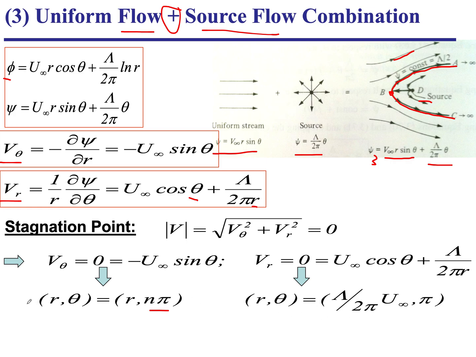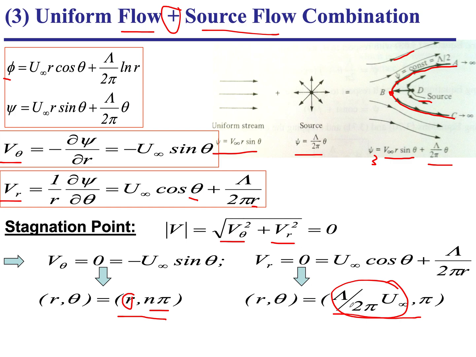And where is the intersection? Where are the points where v theta equals 0 and vr is equal to 0? This is for all r, and this is only a specific r, so the intersection would be at this r. What do I mean by intersection? I mean when v theta is equal to 0 at the same time as vr.